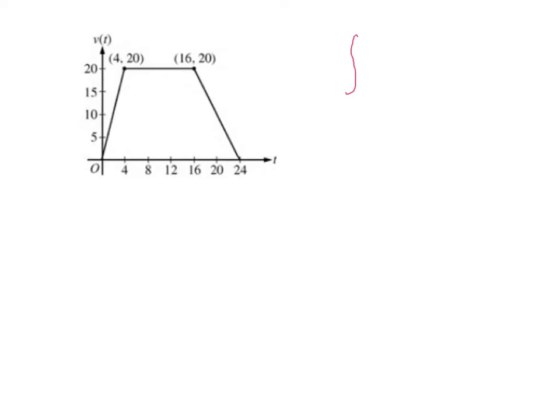Okay, if we wanted to find the integral from 0 to 24 of v of t dt, we're going to divide these areas into pieces and add them up. So this triangle right here is 1/2 base times height.